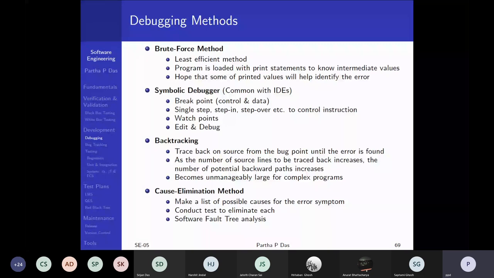You make that hypothesis, conduct a test to make the hypothesis fail, and then proceed again, right? There are certain systematic ways of doing that in terms of fault tree analysis, which originally came from hardware testing and has been borrowed in software testing. I'm not getting into the depth of that because we do not have that much time, but it is good to know.